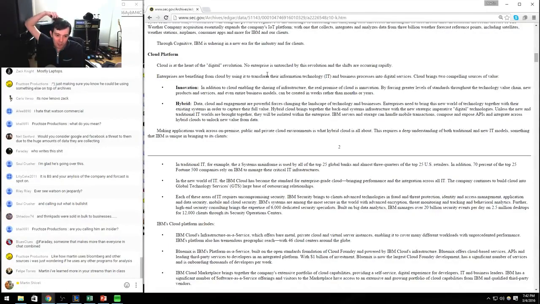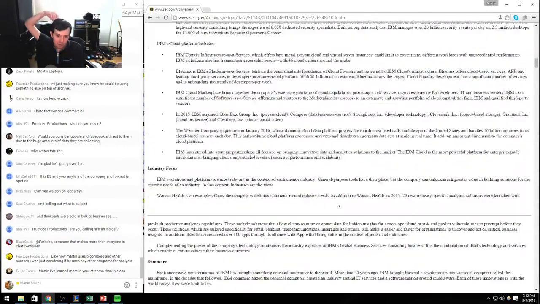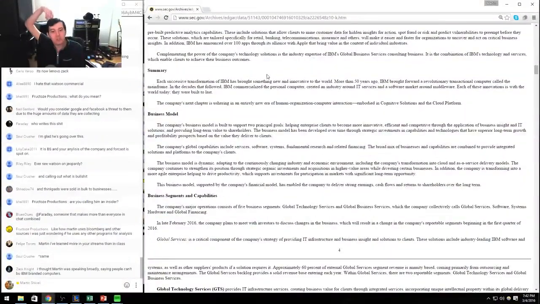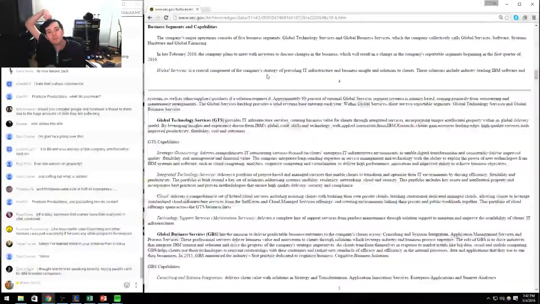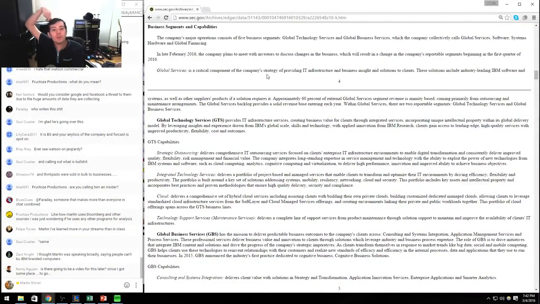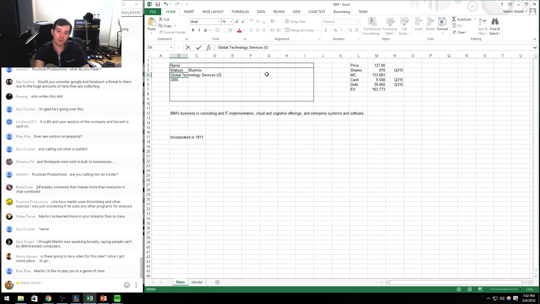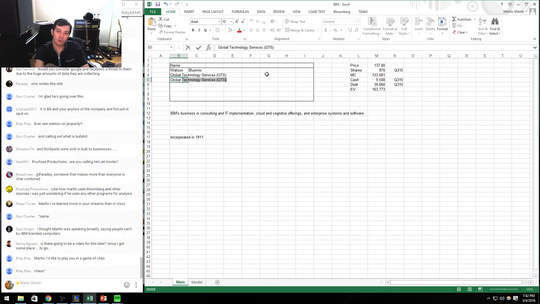They have a cloud platform. All right, here's the business segments. The company's major operations consist of 5 business segments: global technology services and global business services. Global technology services, they'll probably abbreviate that as GTS.